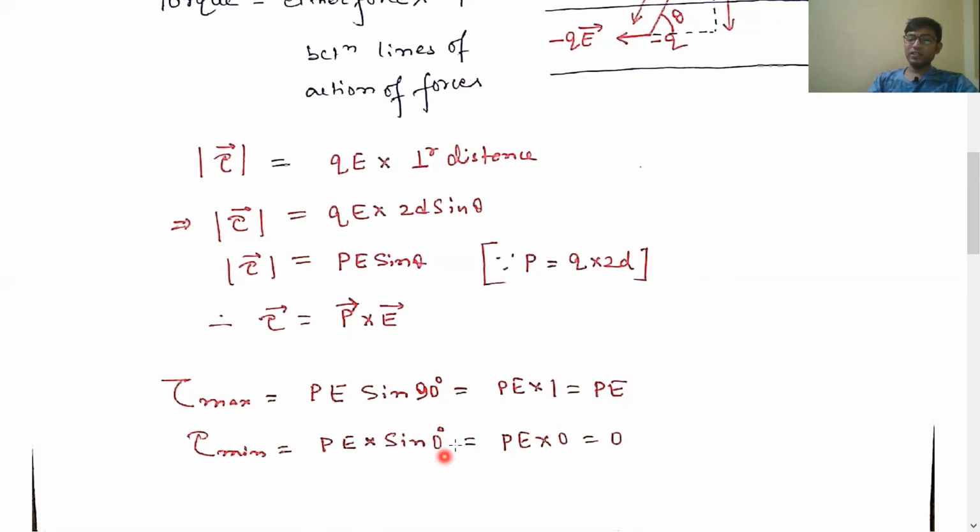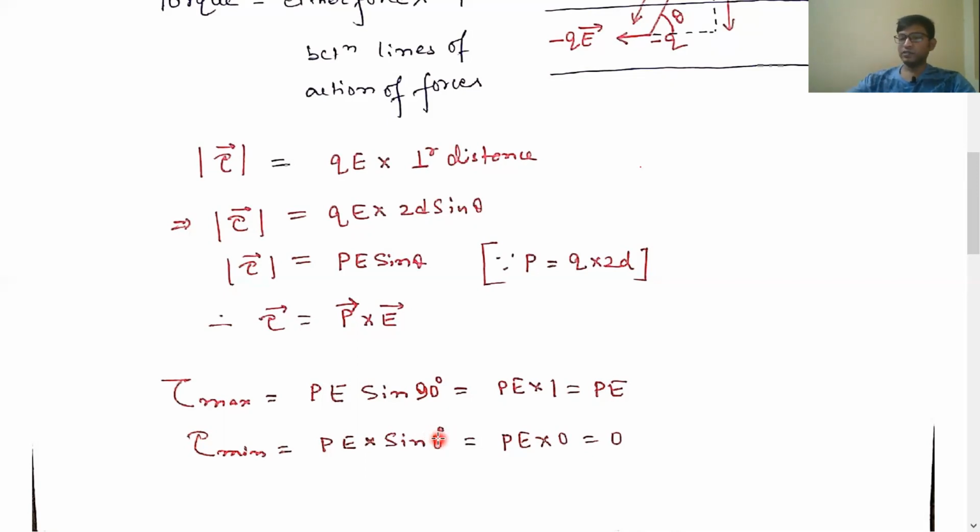Now similarly, the minimum value of sine theta is 0. Actually the minimum value is minus 1, but here we are considering the magnitude, so theta will be equal to 0 degrees.